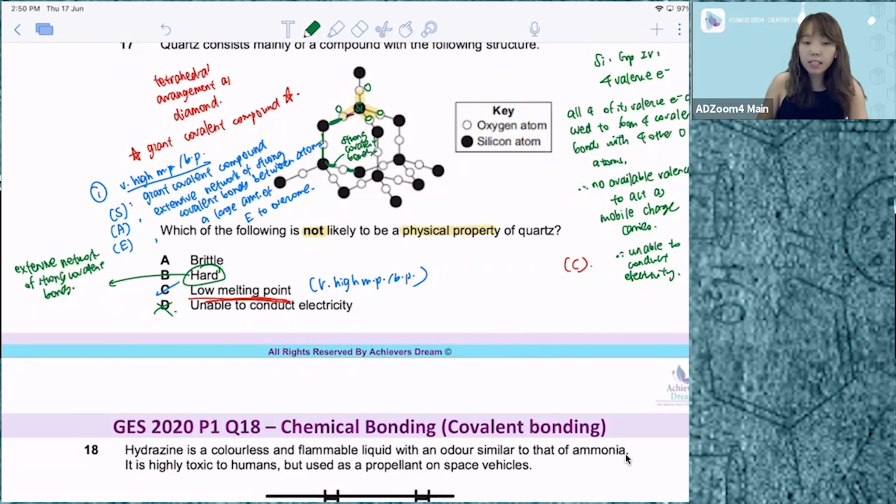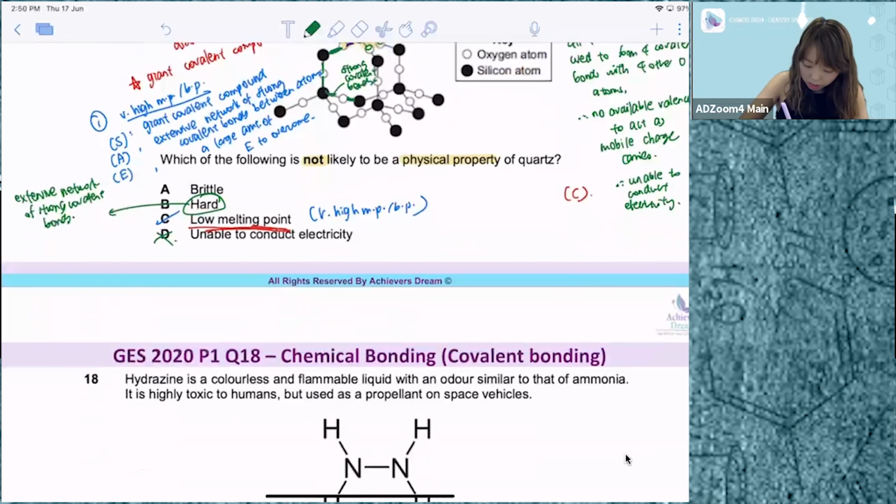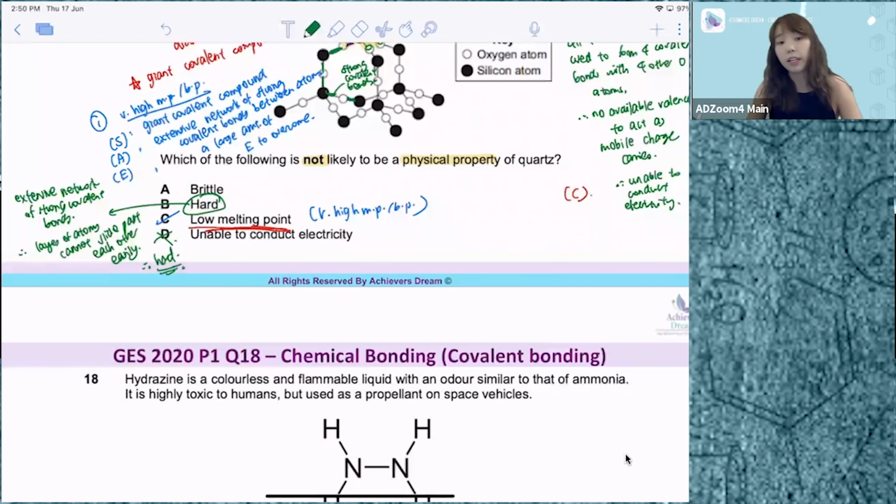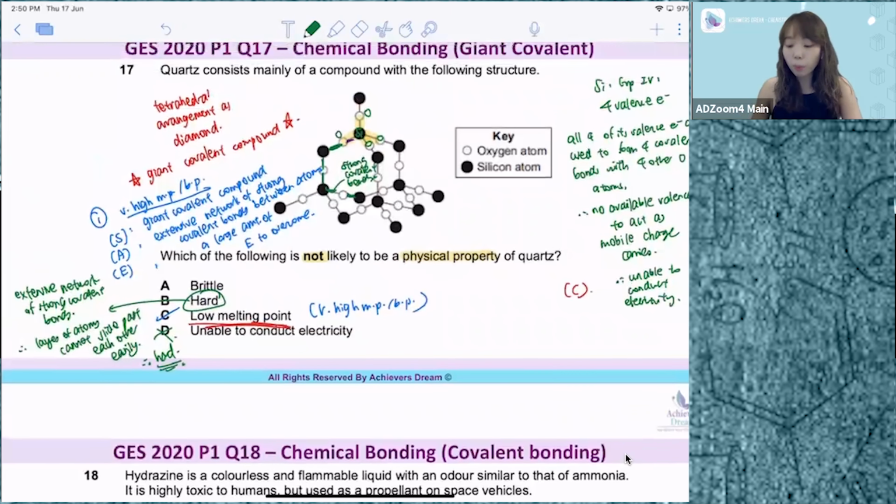So with this extensive network of strong covalent bonds, the layers of atoms cannot slide past each other easily. So that's why quartz is very hard. The covalent bonds are not easily overcome. So option C would be the best answer. You would expect a very high melting point as a physical property of quartz.